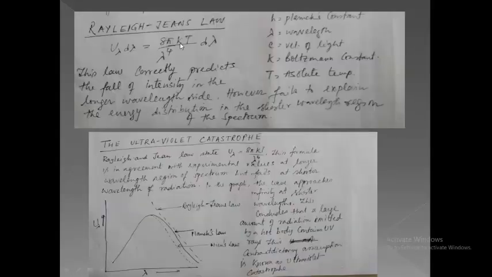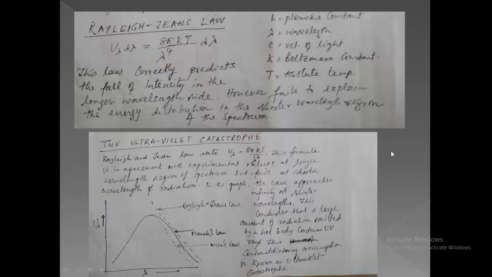Rayleigh and Jeans, a group of scientists, deduced this formula from their point of view. They substituted the values of different wavelengths, got the value of U, the energy density, then plotted the energy density against wavelength like the experiment and tried to compare.